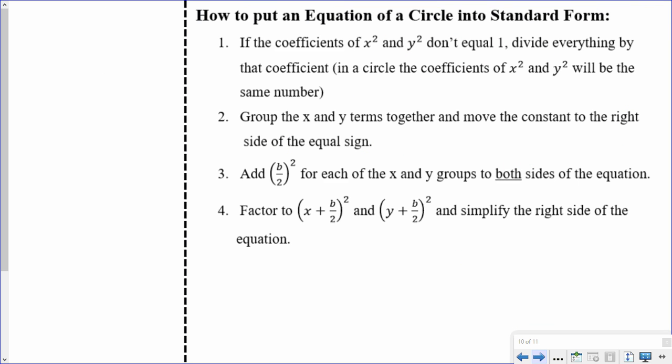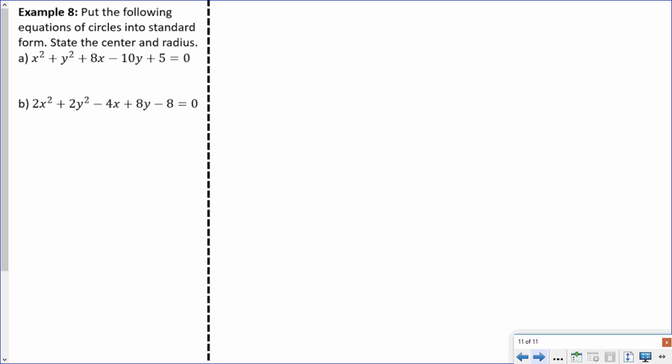All right, I wrote some steps here, but it'll make sense if I actually do the problem, and then you can refer to this later to remind you of what I did, okay? Because notice that this is asking you to put these in standard form, and we have to state the center and the radius. You cannot state the center and the radius with it looking this way.